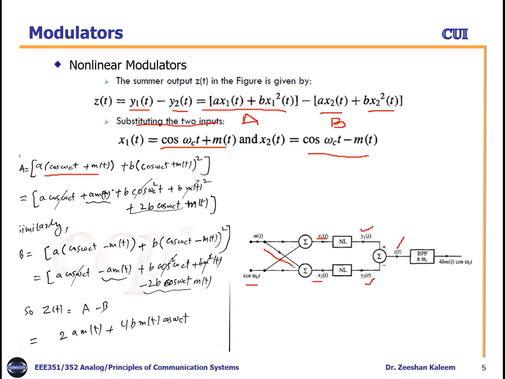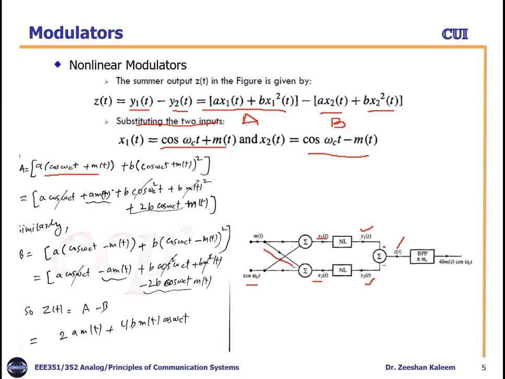You can see we put the value of x1 here. What is x1? Cos omega c t plus m of t. After solving this, we get a cos omega c t plus a m of t, plus b cos square omega c t plus b m square of t plus 2b cos omega c t into m of t.